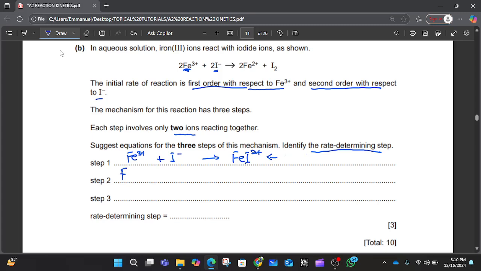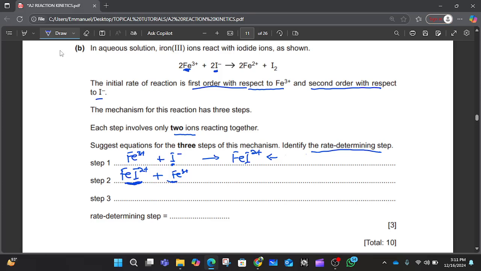Once an intermediate is formed, it is used in the subsequent step. So we have FeI2+. We need to react this intermediate with I- because this intermediate actually contains Fe3+ and I-. And if you were to react another Fe3+, that's the second mole of Fe3+, with this Fe3+ and I- intermediate, it means that we are using 2 moles of Fe3+.